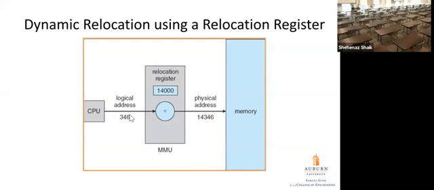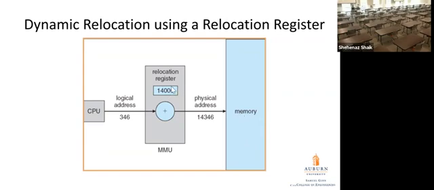So given a logical address like this, say 346, the memory management unit converts it to the physical address by using the starting address available in the relocation register for that specific process. Then you should be able to compute the physical address location corresponding to this logical address and fetch the corresponding element from physical memory.